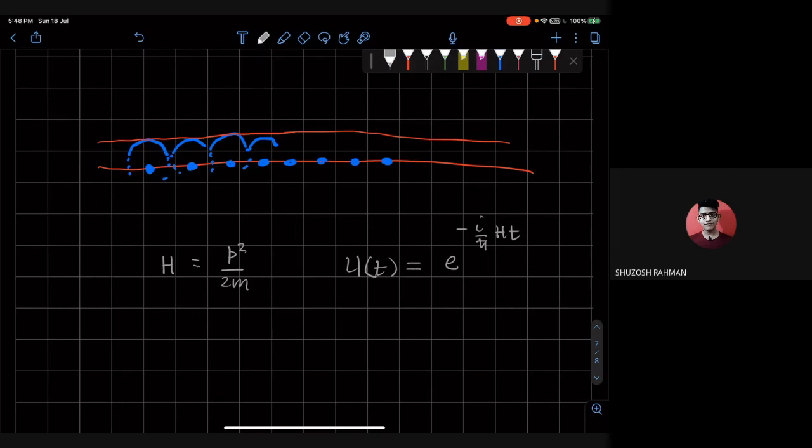So now you know what the time evolution operator is.